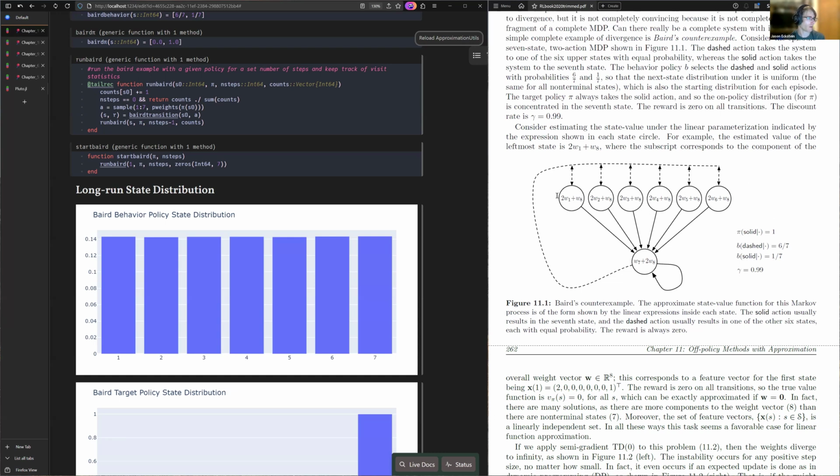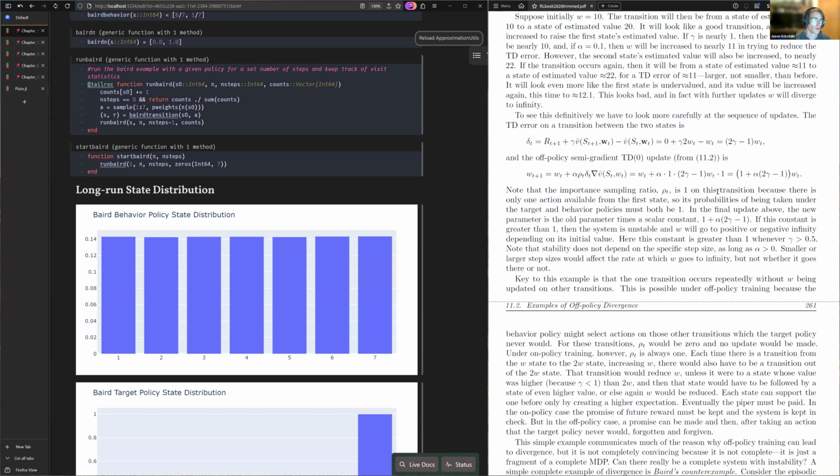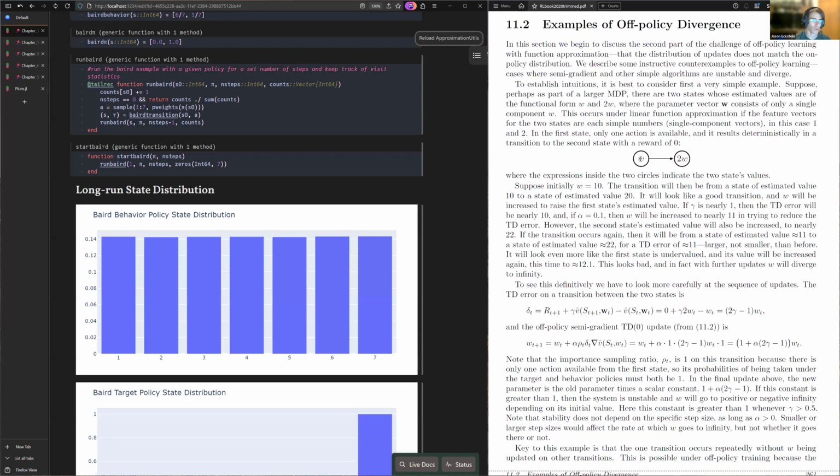But here, we're considering this approximation where we're forcing a relationship between the values. Even though we're doing function approximation, like we saw in this example, whatever W is, the only options we have to value these two states are W and 2W.